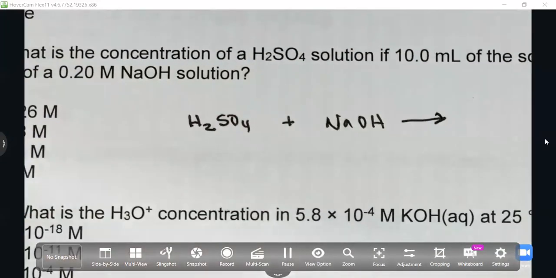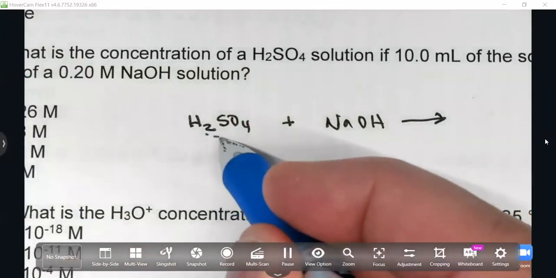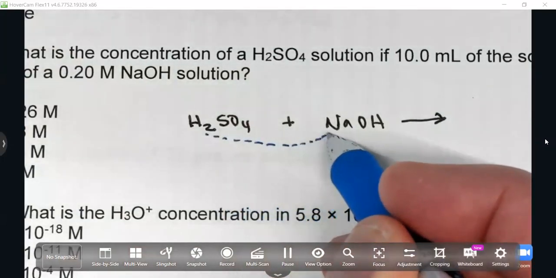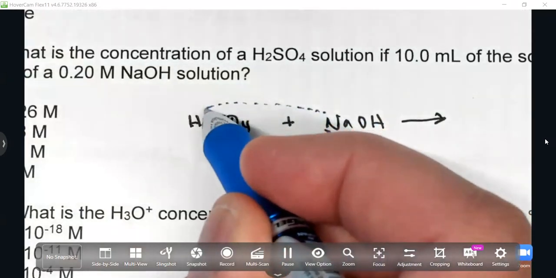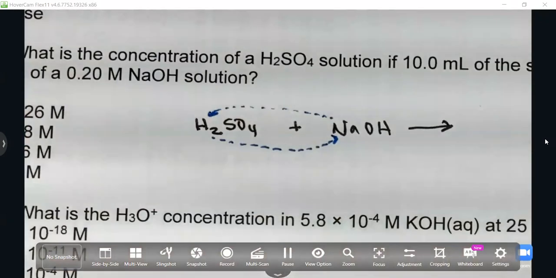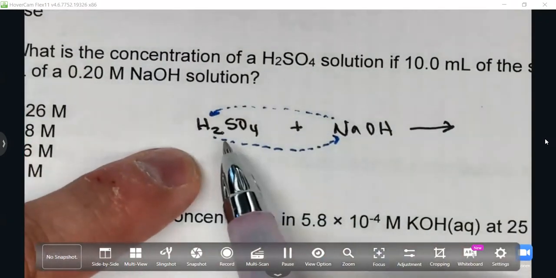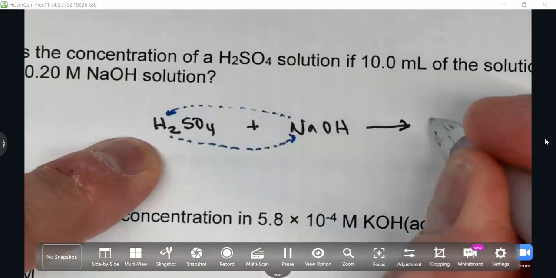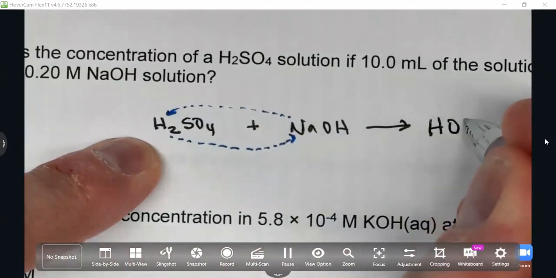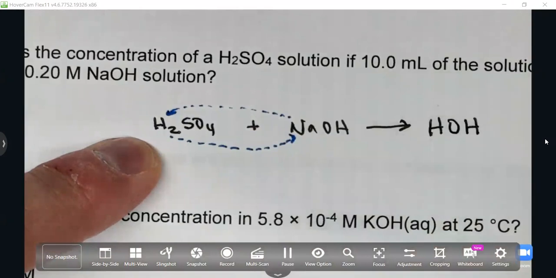And these are just double replacements. I mean, they're neutralization. So think of hydrogen replacing sodium. So if that's the case, you get HOH, which is H2O, right?